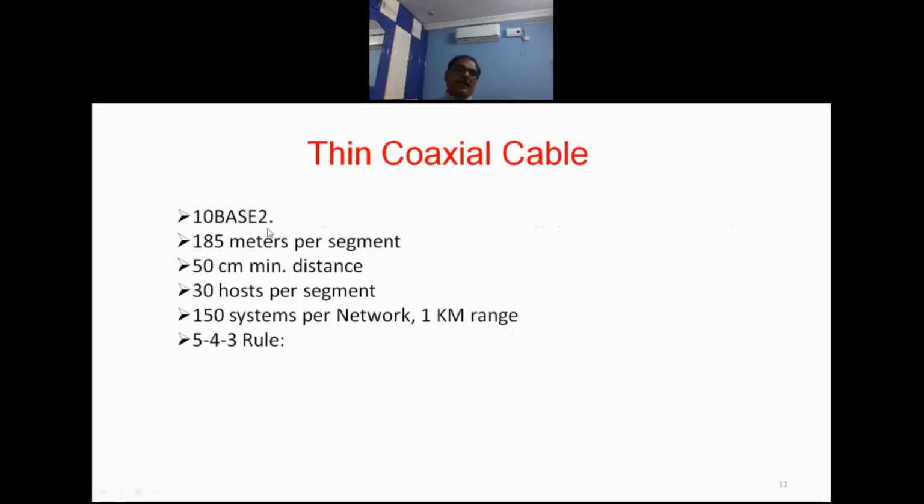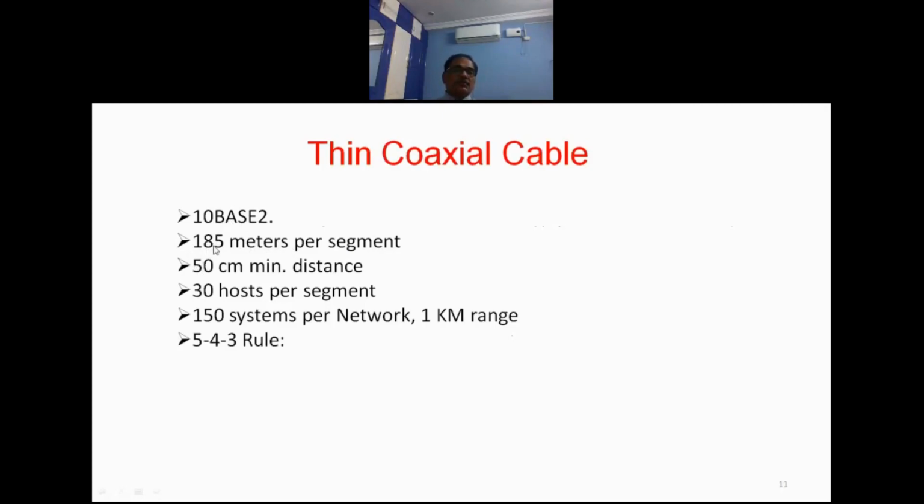Then 2 indicates the segment size, 200 meters. 200 meters is the segment size, but exactly speaking, the segment size is 185 meters only. We can use 185 meters as the segment size, but roughly we can say 200 meters.